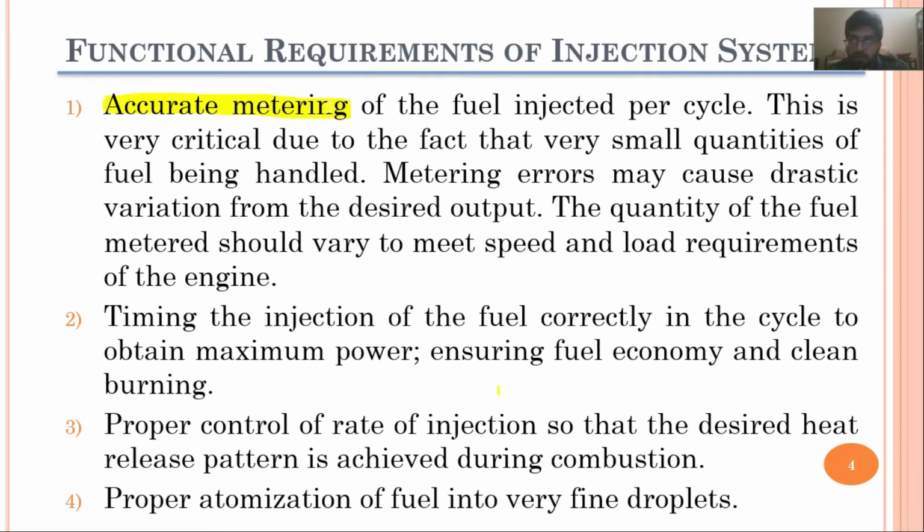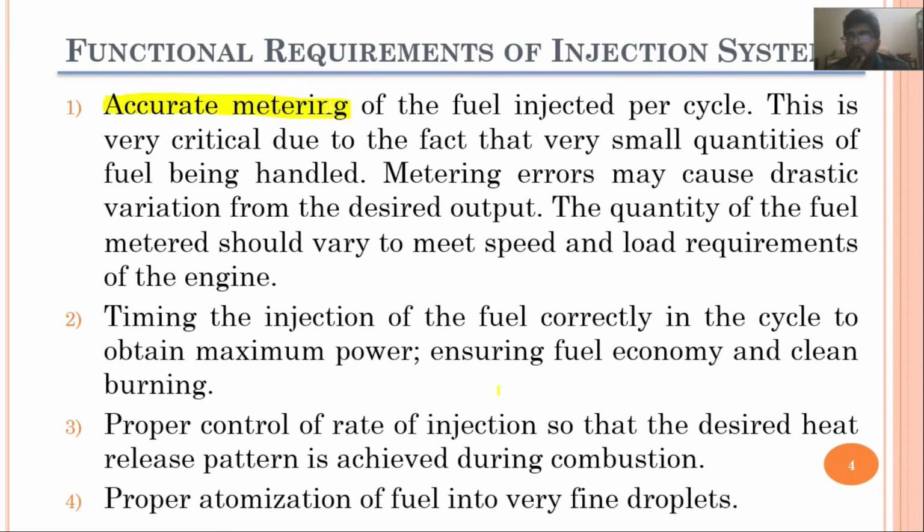For example, when you are operating your IC engine on higher loads, you will require a rich air fuel mixture, and your injection system has to provide that much fuel to make that air fuel mixture rich. And when you are operating under normal conditions, you require a lean air fuel mixture, you require fuel economy. Fuel economy is desirable, and to overcome such operations, your injection system would be providing a lesser amount of fuel.